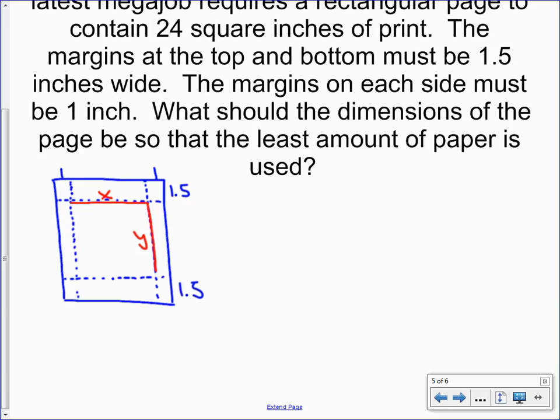So let's talk about our primary and secondary equations. I just wrote two different variables, so we're going to have two different equations here. What are we trying to optimize? Minimize. We want to use the least amount of paper as possible, right?